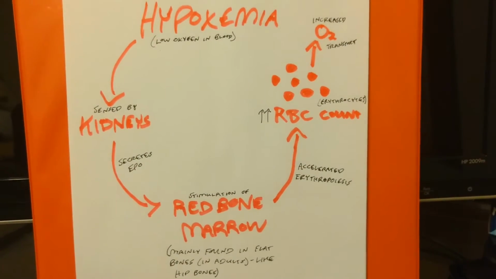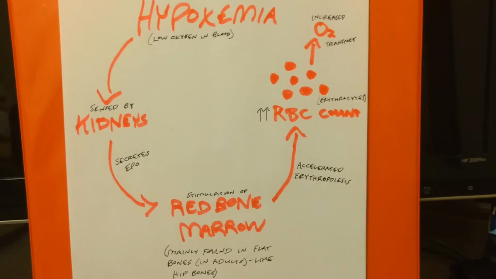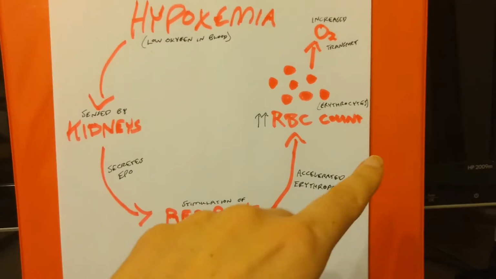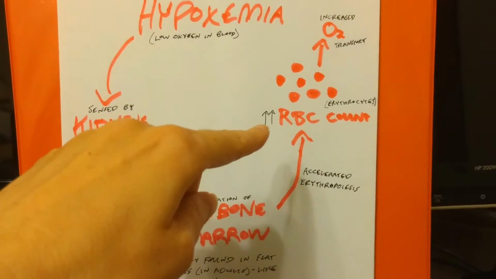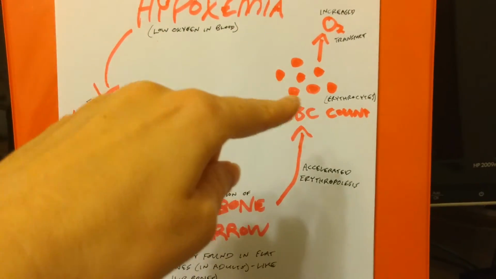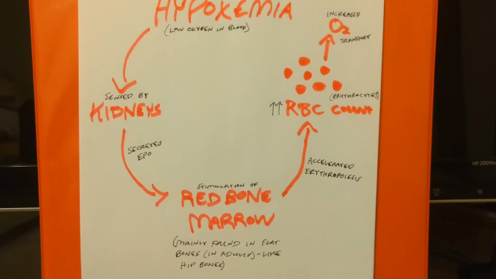After a few days, 3 days or so, the RBC count begins to rise and reverses the hypoxemia. So accelerated erythropoiesis leads to increased red blood count. These are my little erythrocytes, my red blood cells.